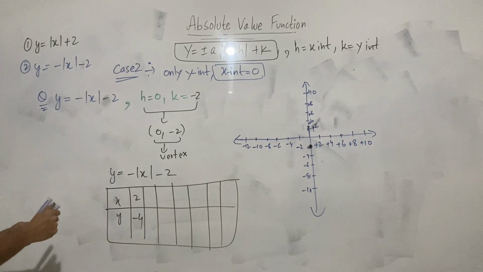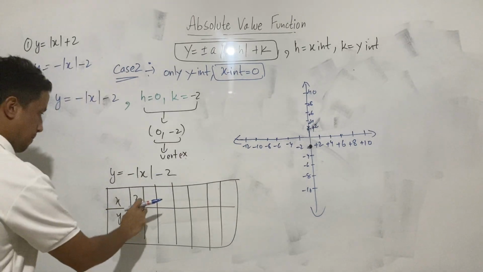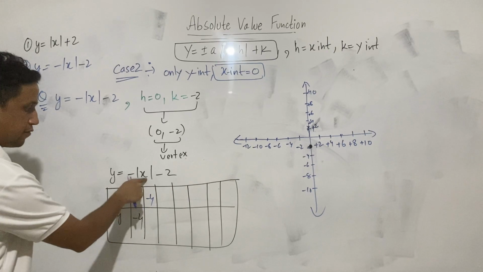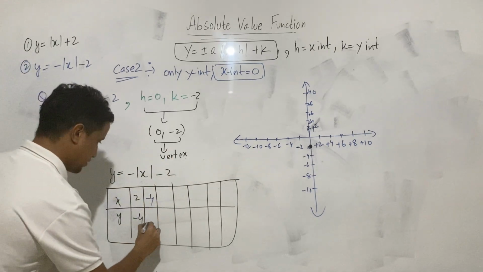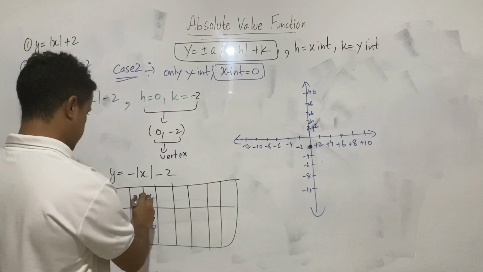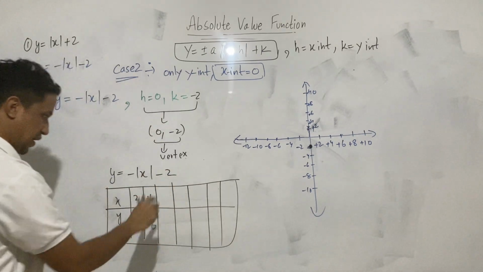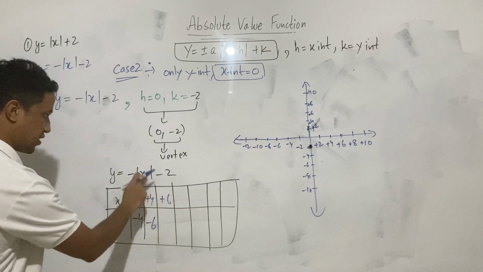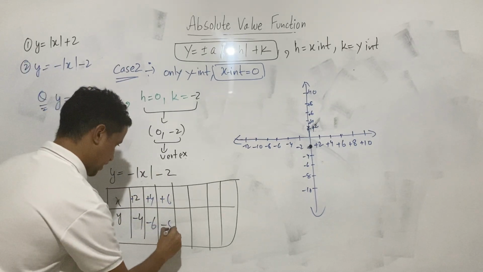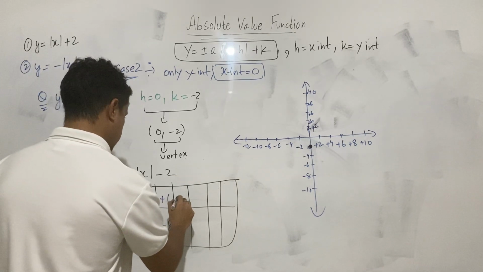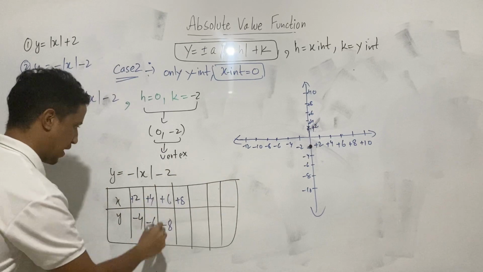For 4, minus 4, minus 6. For 6, minus 6, minus 8. Then for 8, minus 8, minus 10.